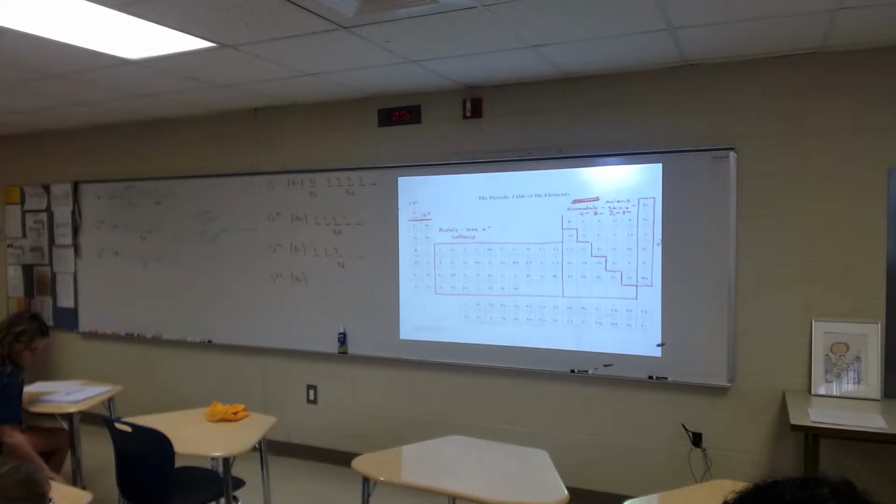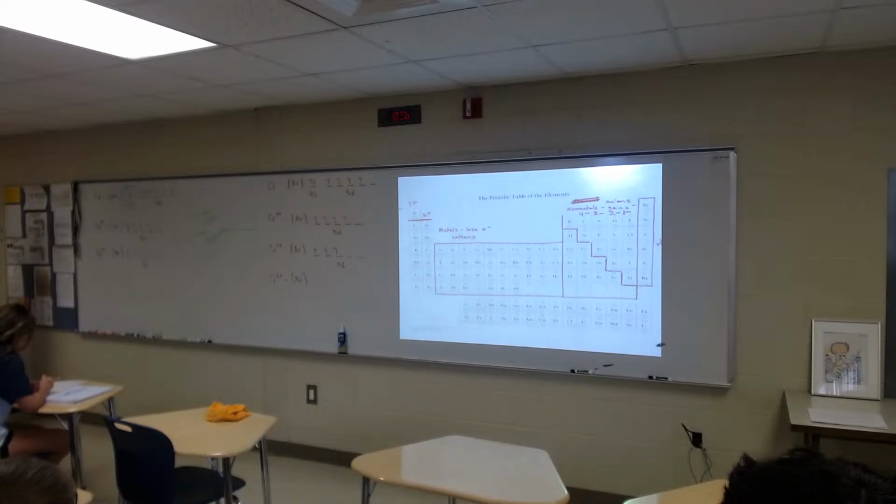I looked that up this morning to see which ones are the three most common. I do know that iron 2+ and 3+ are the most common forms of iron. That's the most famous example of all this. But as far as the rest of them, Google the most common ions of copper or vanadium, whatever.